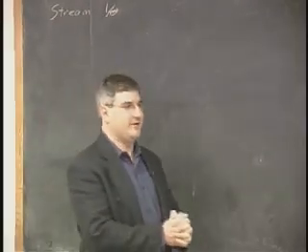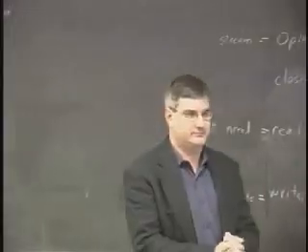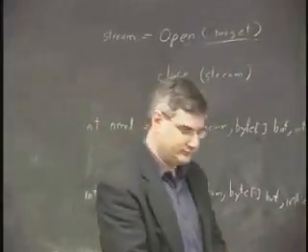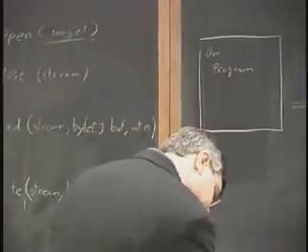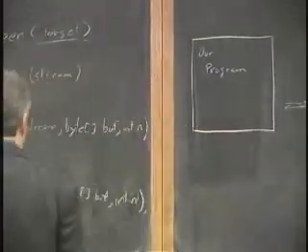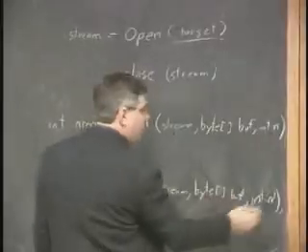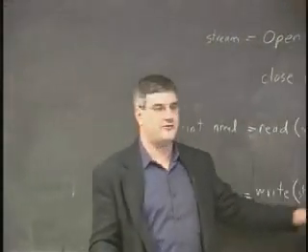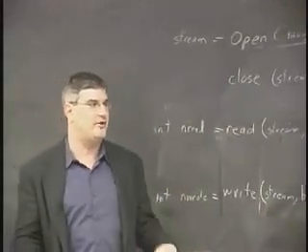Any questions so far? Yeah, the parameter list for read and write doesn't seem to correspond to what's in the notes. Oh, I just changed the order. This is just very, very general. This is not syntax that corresponds to any particular language.